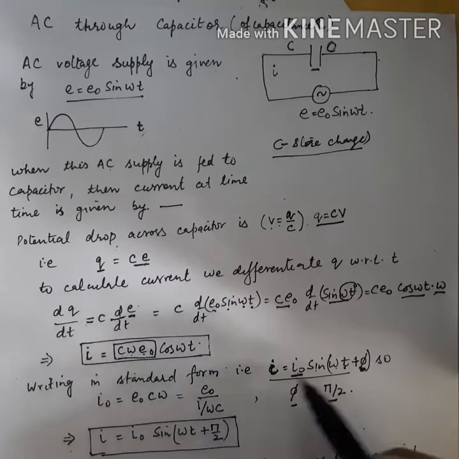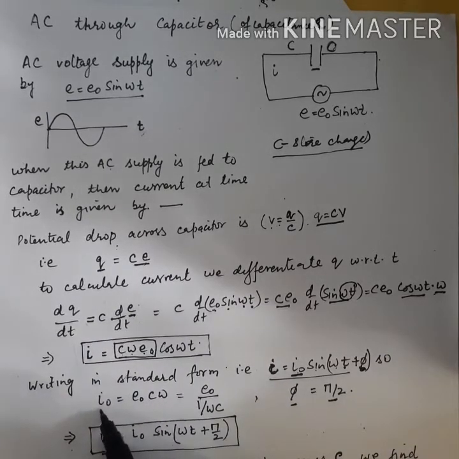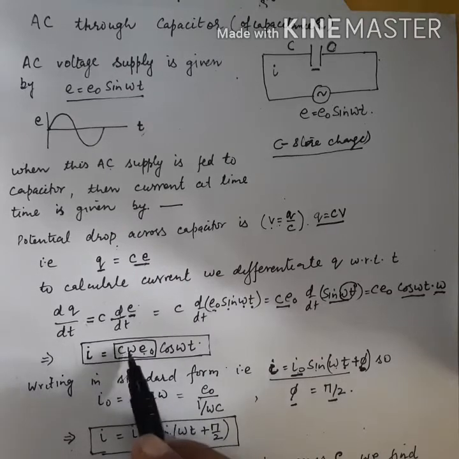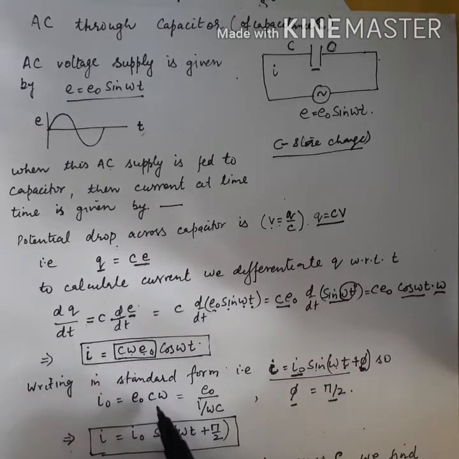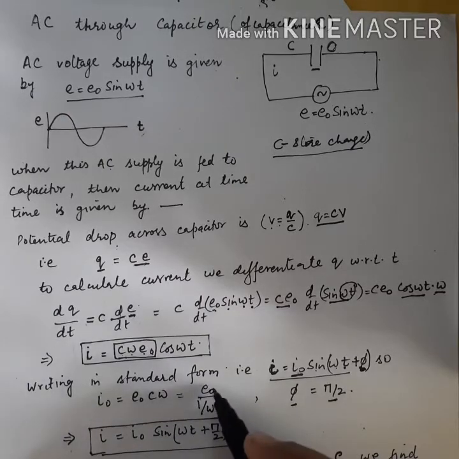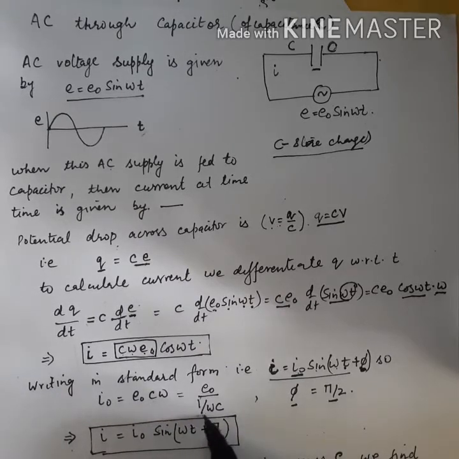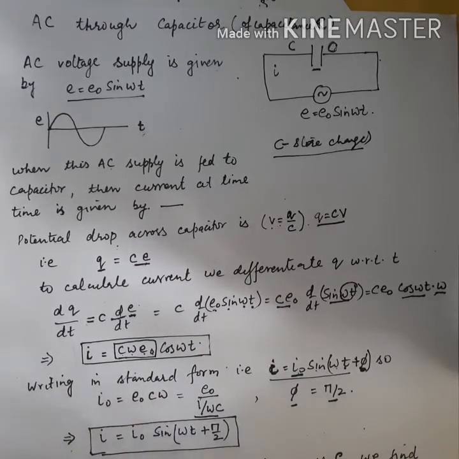So from these two comparisons, what we get is I0 = E0 Cω. Just rearranging the terms, we get E0 divided by 1/(ωC). As you reverse, you get the same thing.